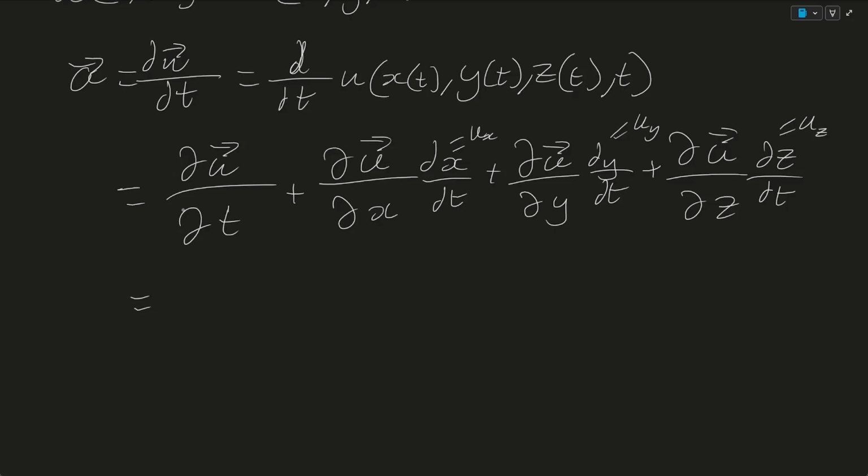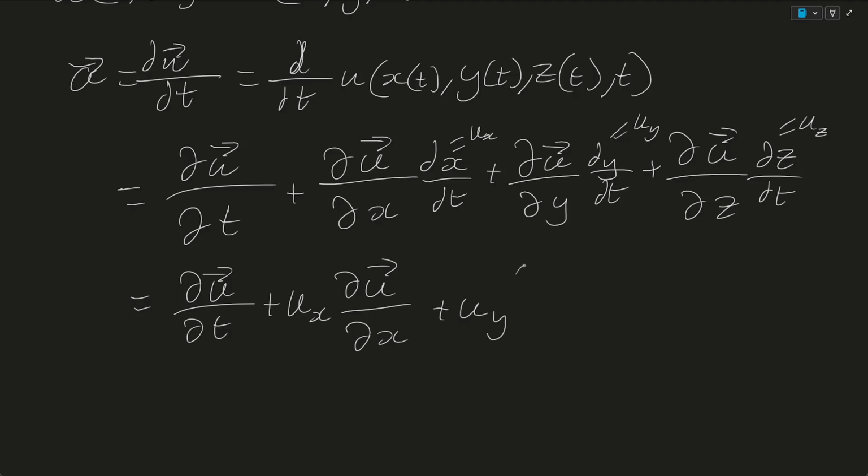So then we can say that this is the time derivative of our field plus u sub x times the x derivative of our field plus u sub y times the y derivative of the velocity field plus u sub z times the z derivative of the field. Cool.